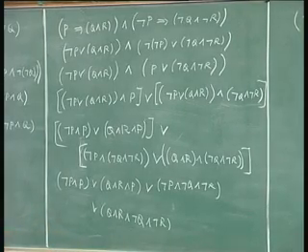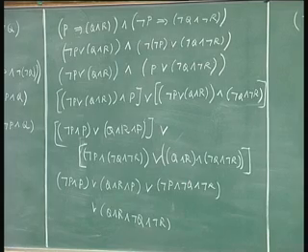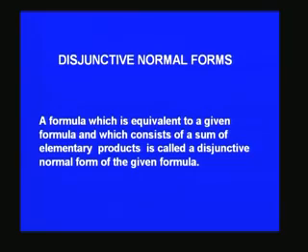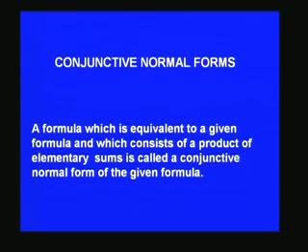Next, we shall consider conjunctive normal form or CNF, that is the one we used earlier. What is a conjunctive normal form? A formula which is equivalent to a given formula and which consists of a product of elementary sums is called a conjunctive normal form of the given formula.